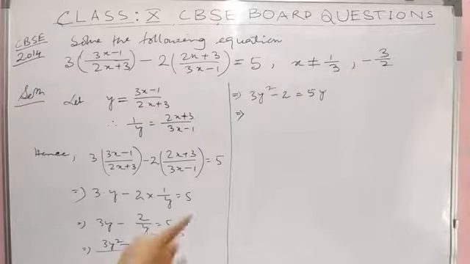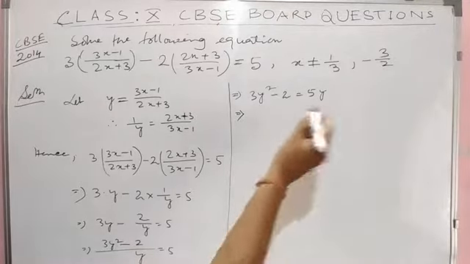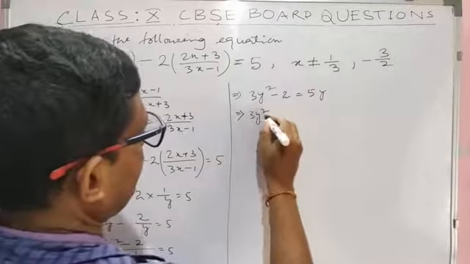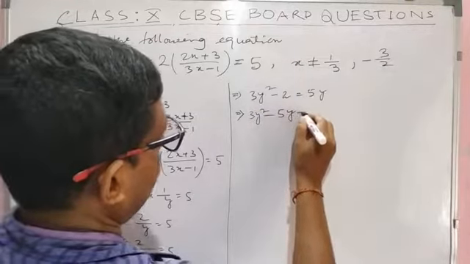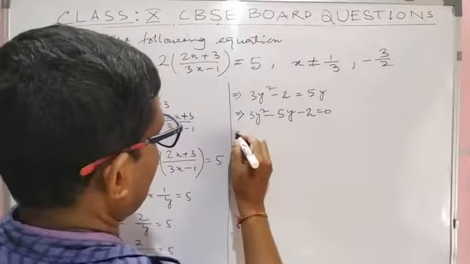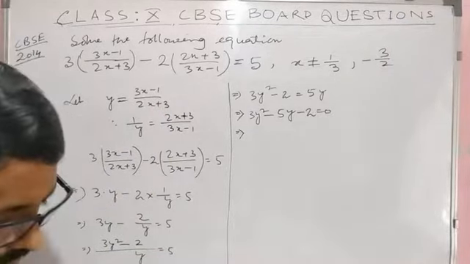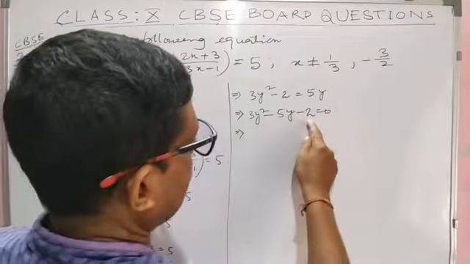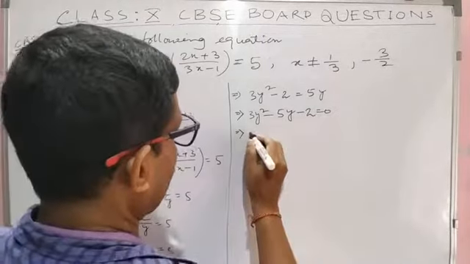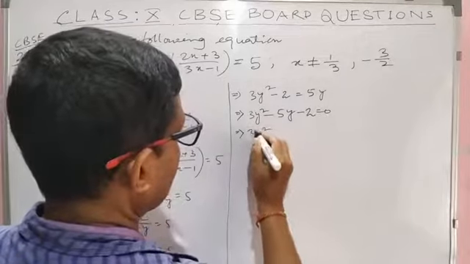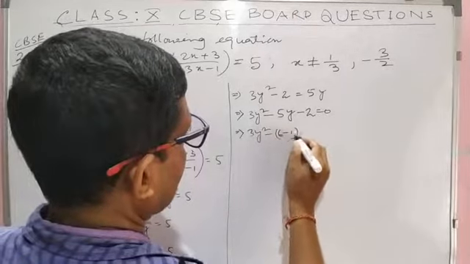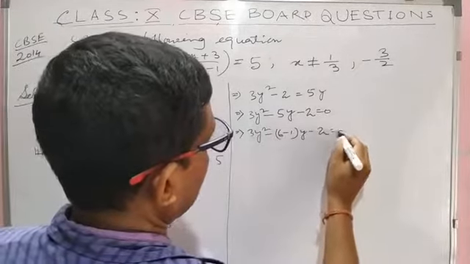Now transfer this to this side: 3y square minus 5y minus 2 equal to 0. Now let us do the middle term factorization. 3 twos are 6, and we can write this one as 6 minus 1, equal to 0.